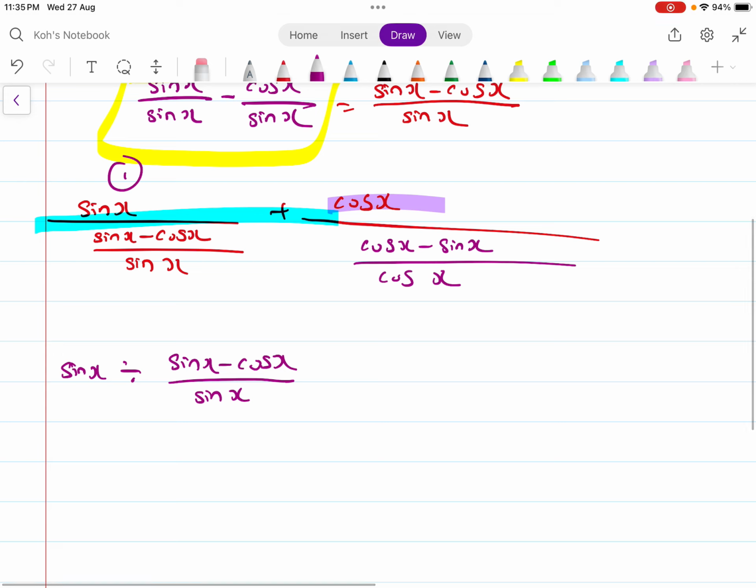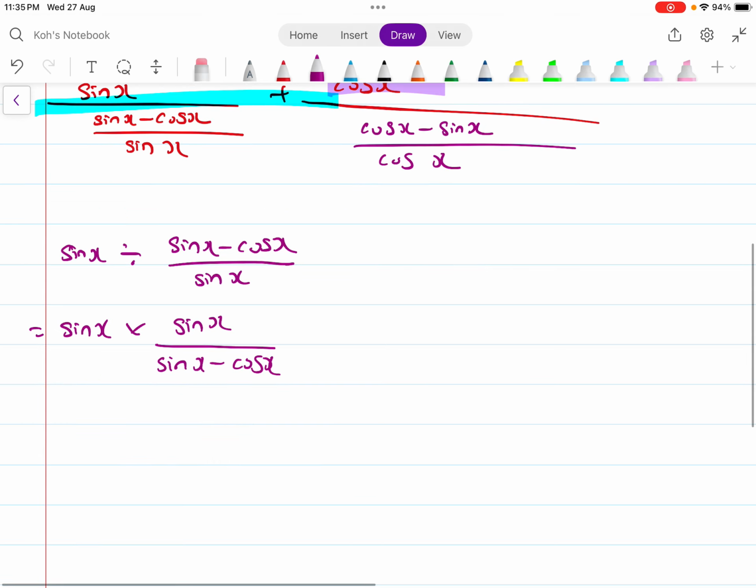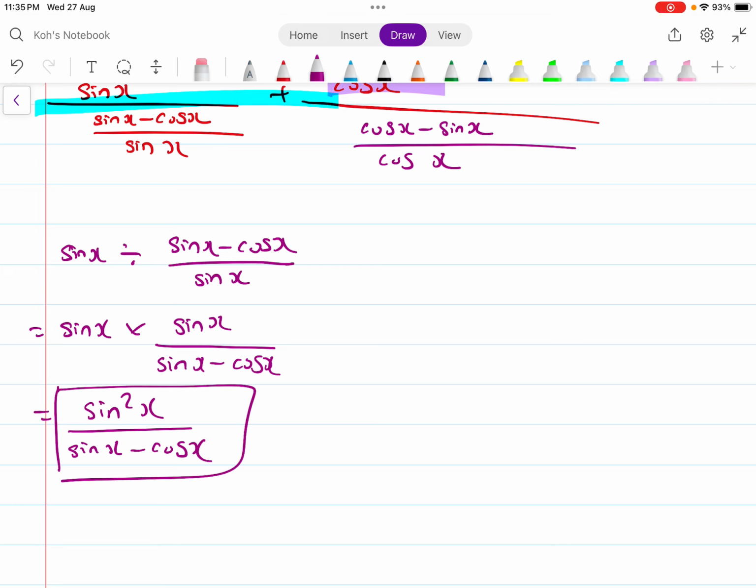So it's equal to sine x multiplied by sine x over sine x minus cosine x. This leads you to sine square x over sine x minus cosine x. So this is the very first term.